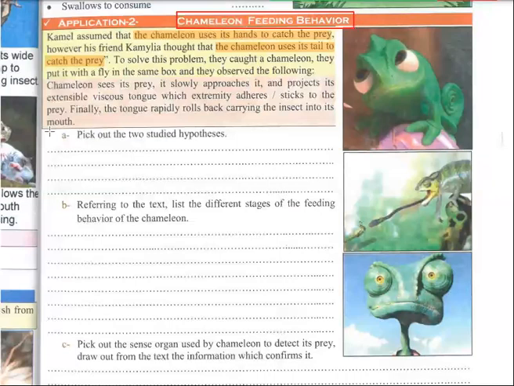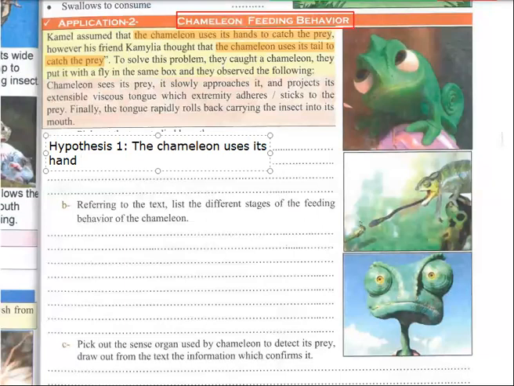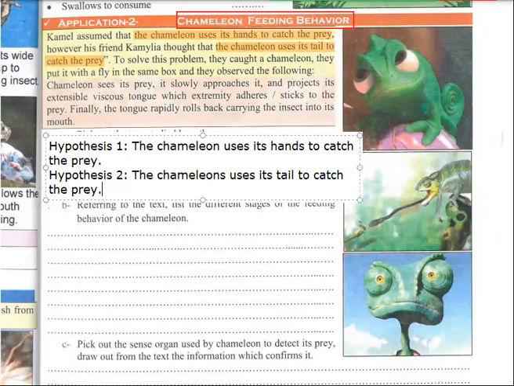For our hypothesis to be correct, we should start with the word hypothesis. We will consider Camel's hypothesis as hypothesis 1. So what is Camel saying? He's saying that the chameleon uses its hands to catch the prey, which is the fly. Hypothesis 2, which is Camellia's hypothesis: the chameleon uses its tail to catch the prey.